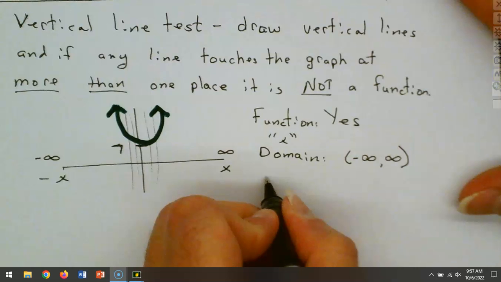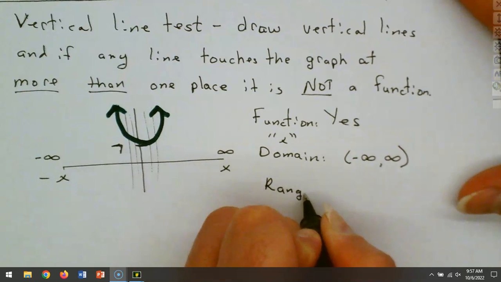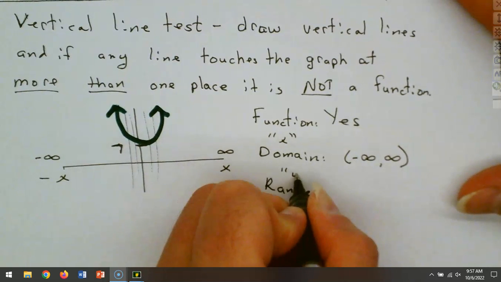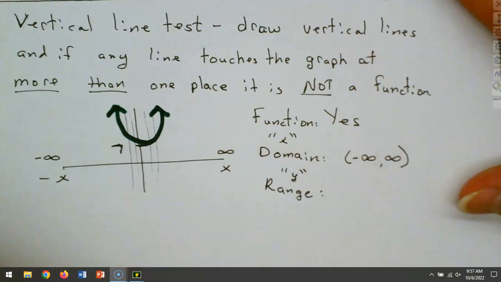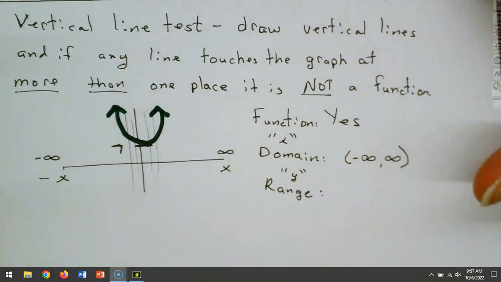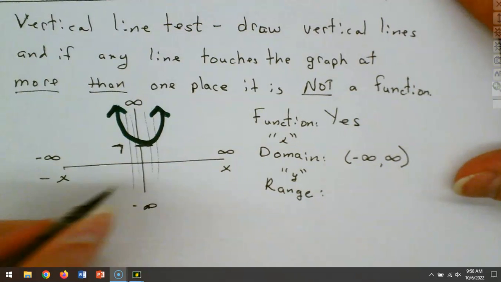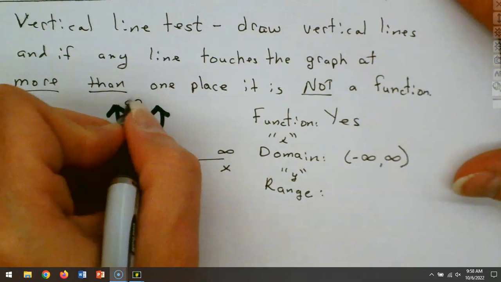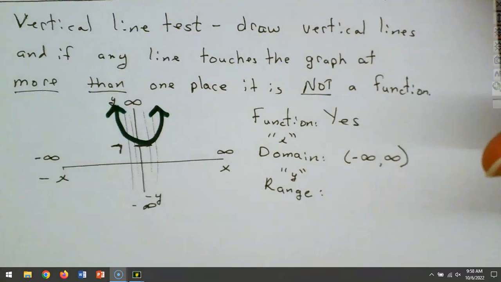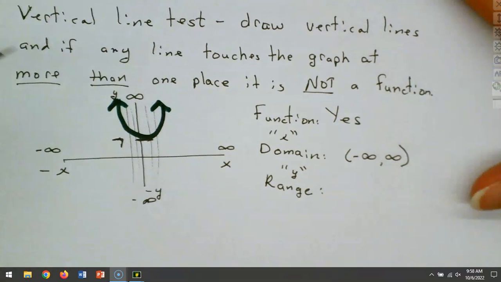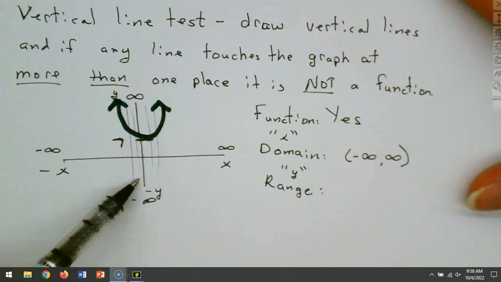Now, what about the range? The range is the up and down part. Here's positive infinity, here's negative infinity, and this is negative y, and this is positive y. So what's happening with this graph? Does this graph go down below here at all? No. Where does it start?